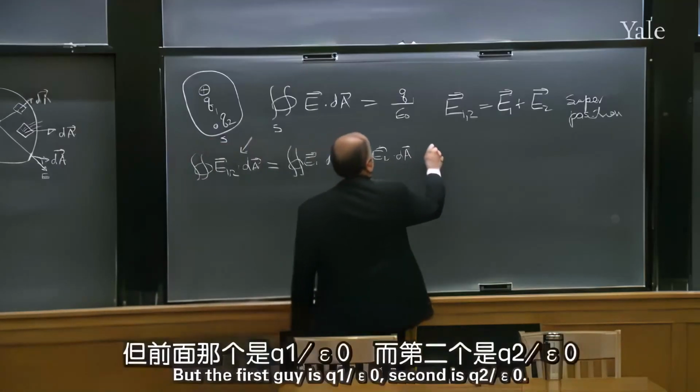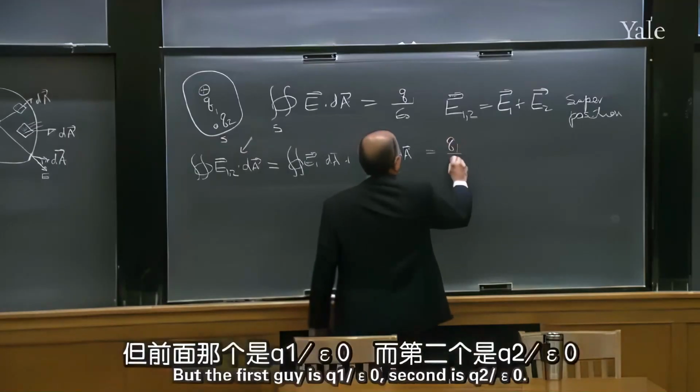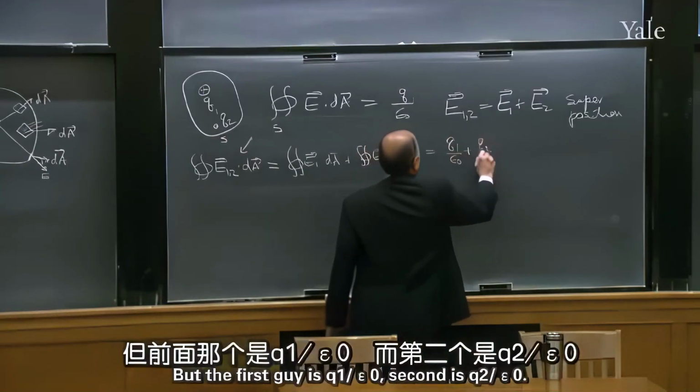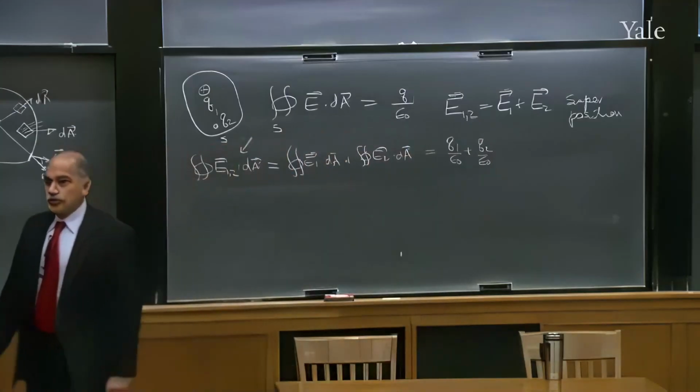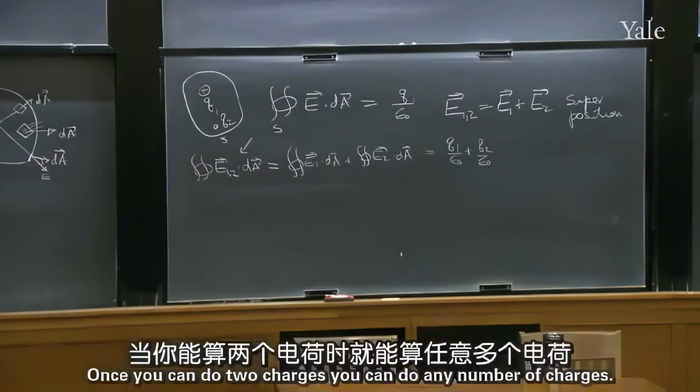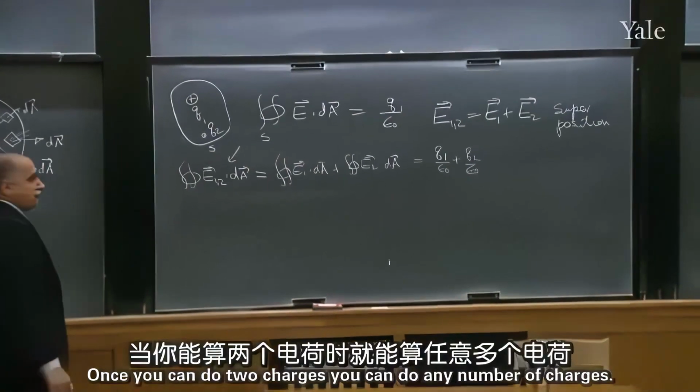But the first is Q1 over epsilon 0, the second is Q2 over epsilon 0. Once you can do two charges, you can do any number of charges.